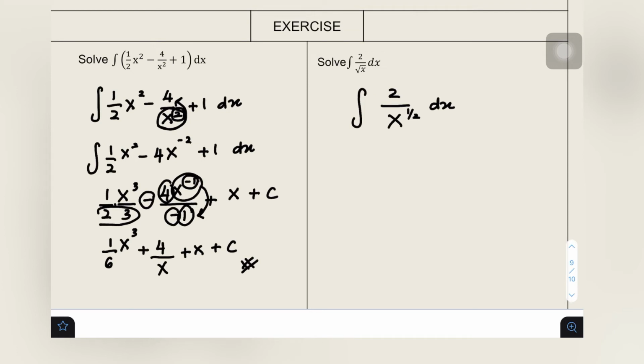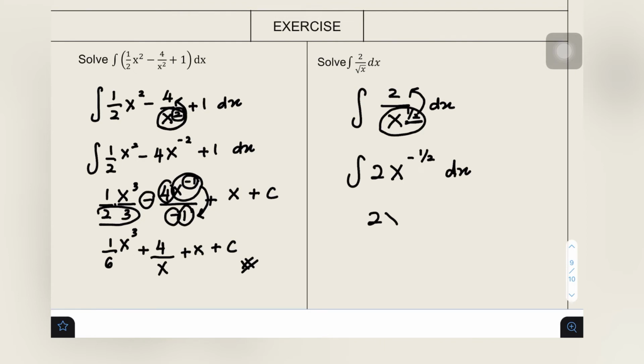So we need to change the position of our variable. We bring it up, and the sign of the power will be opposite. So you have the integration of 2x to the power of negative half dx. Now you can do the process of integration as usual.